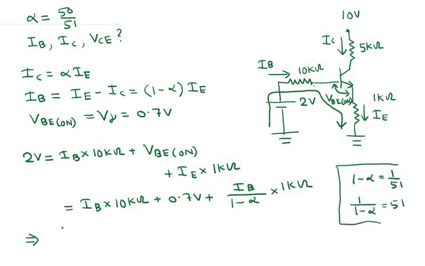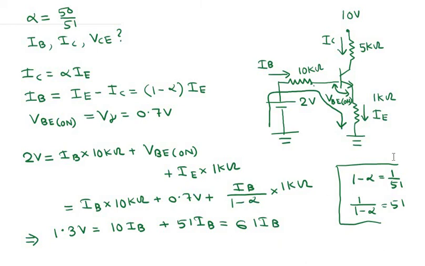So 1.3 volts is equal to 10 IB, where IB is in milliamperes because we have kilo ohm, plus 51 IB, which is equal to 61 IB.